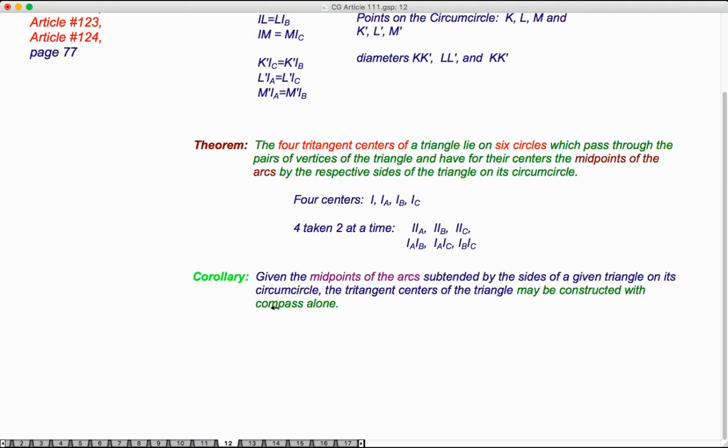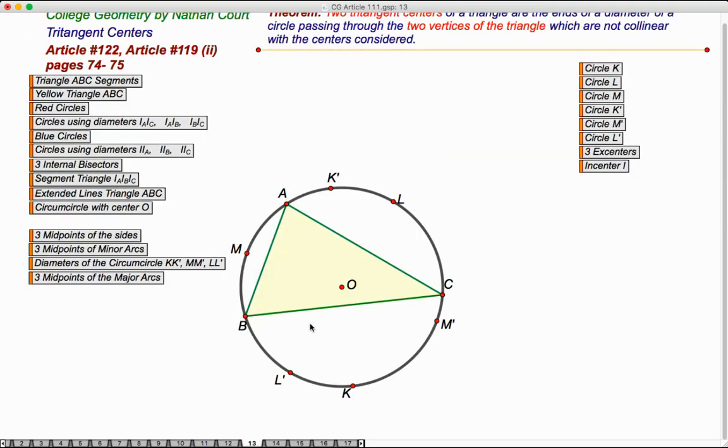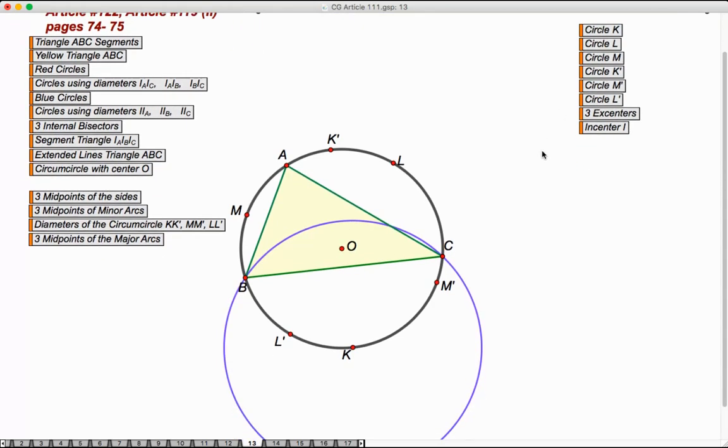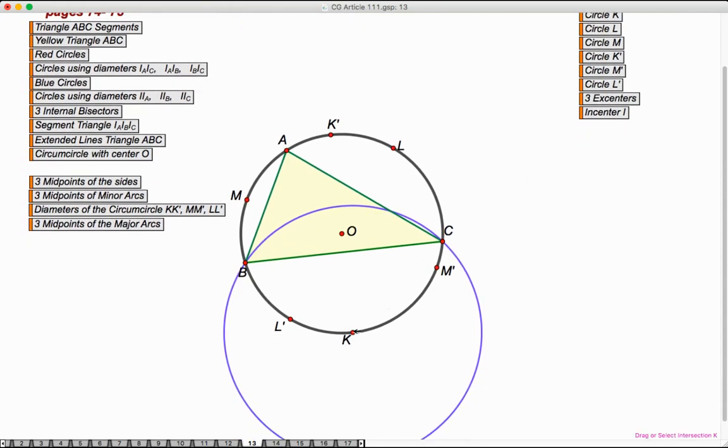Then the corollary says that we can locate the three excenters and the incenter. Well, if I construct circle K, okay, that's circle K. All I need to do is construct circle K. The radius of circle K is either BK or CK.